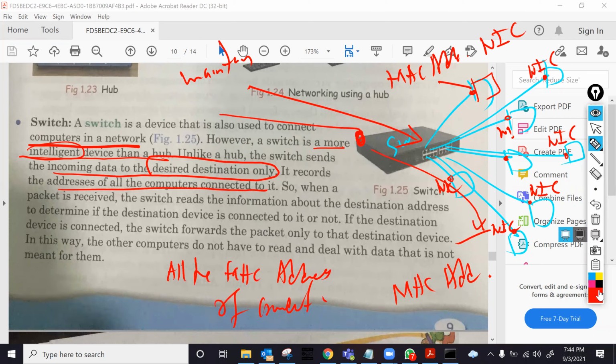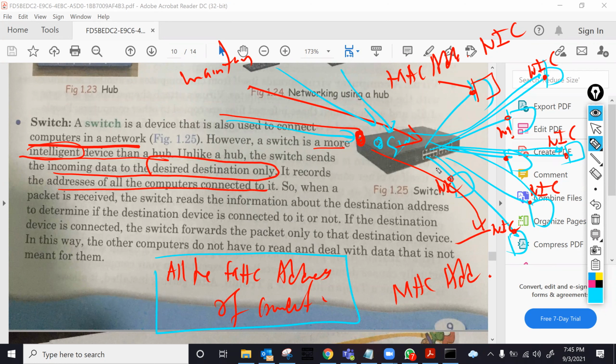I think now you can understand what I am saying. When the data comes from outside, it checks the MAC address where it goes to, and sends it only to that particular computer. That's what we mean by intelligent, because it keeps records of all the MAC addresses belonging to each computer.